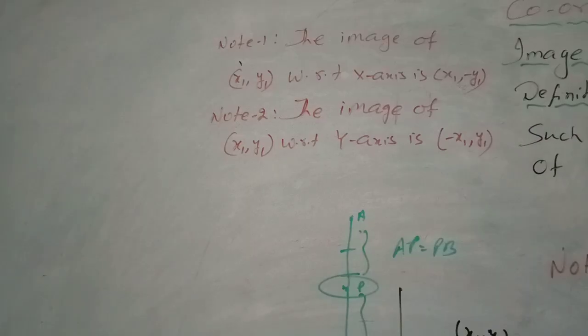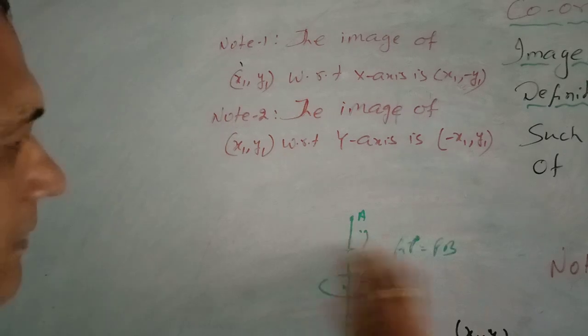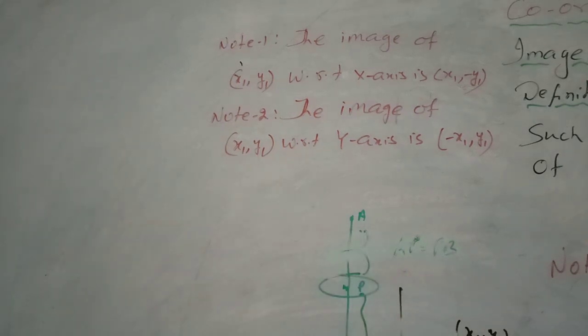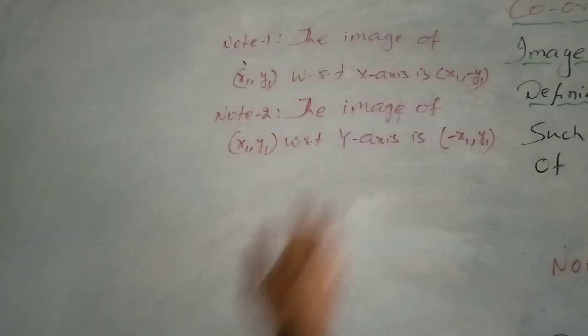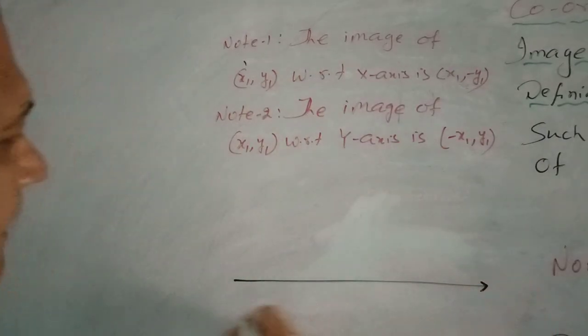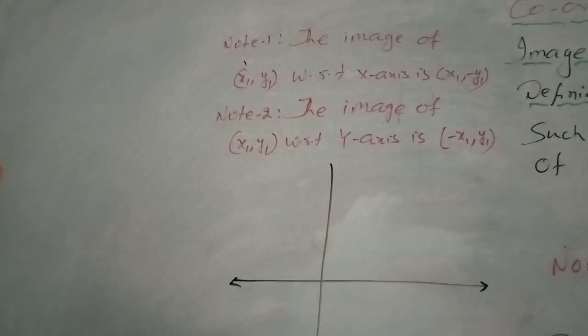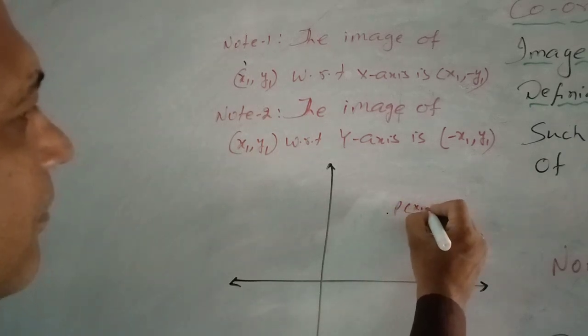Now we'll see the image of x1 y1 with respect to the x-axis. This is the x-axis and this is the y-axis. Suppose I take a point P, some point P is x1 y1.